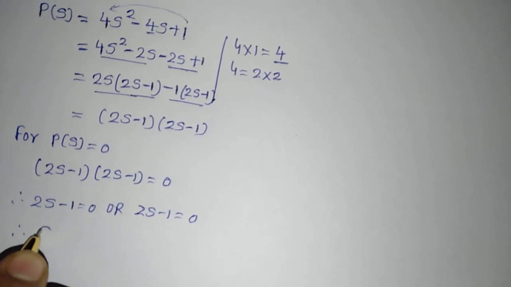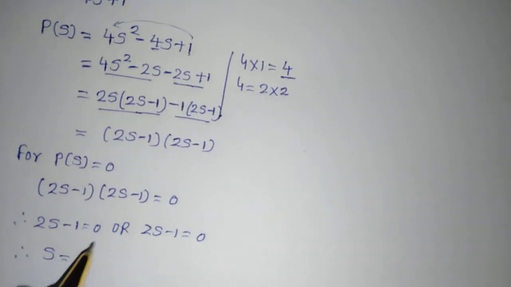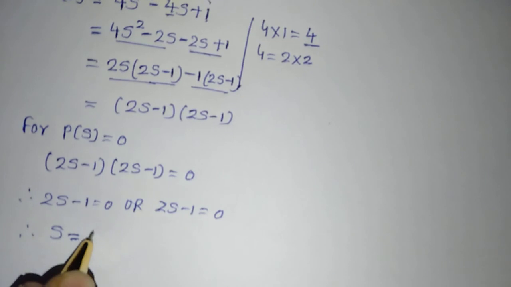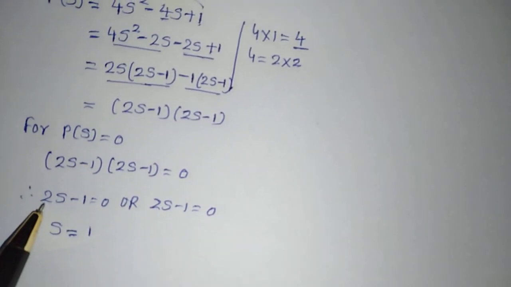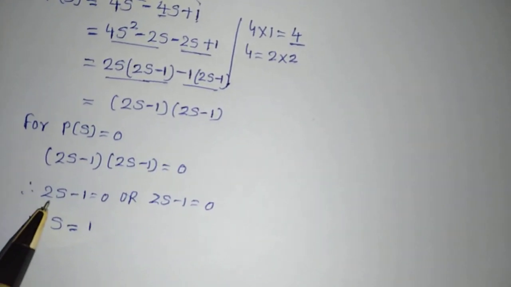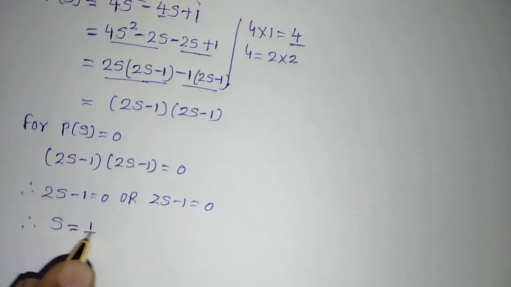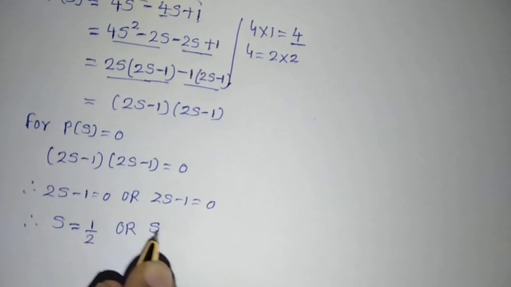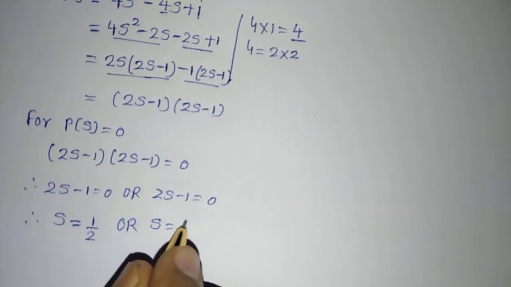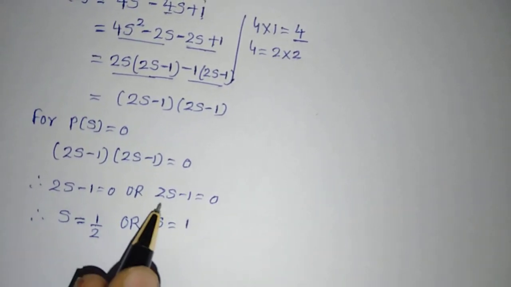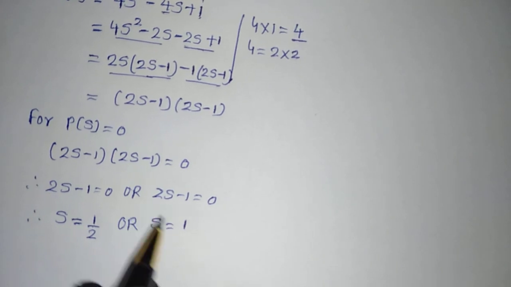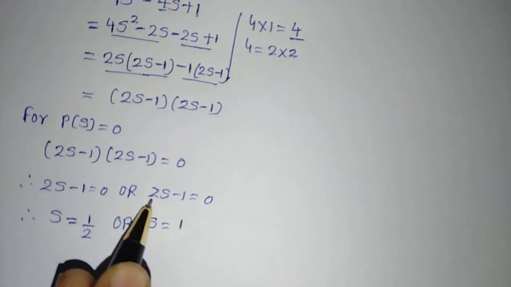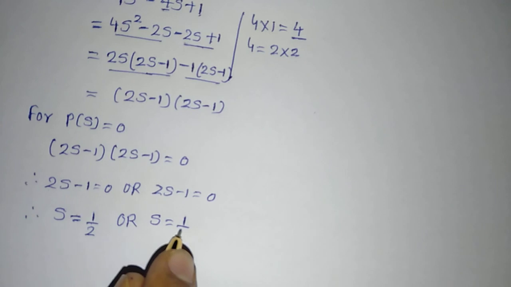That is, s is equal to, I'll bring this 1 at the other side, minus turns to plus 1, and after that 2 will be taken at the other side. Here it is in a multiplication, so it will go in a division. So s is equal to 1 upon 2, or for this s also we know this minus 1 will be going at this side, so it is plus 1, and this 2s I'll take at the other side 2, so it is in multiplication, so it will go in division at the other side.